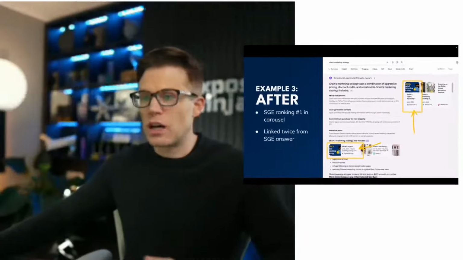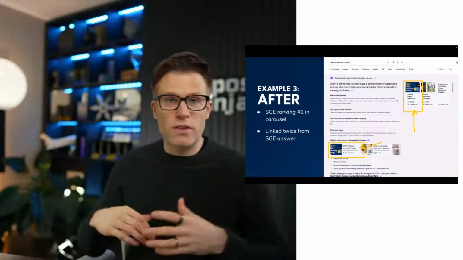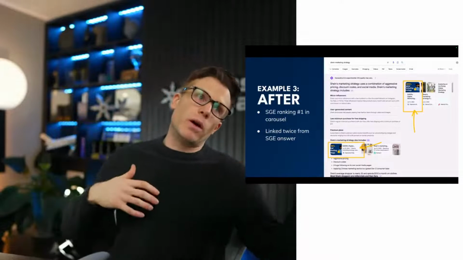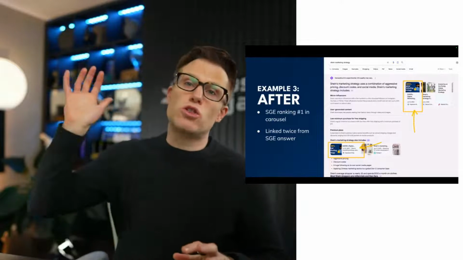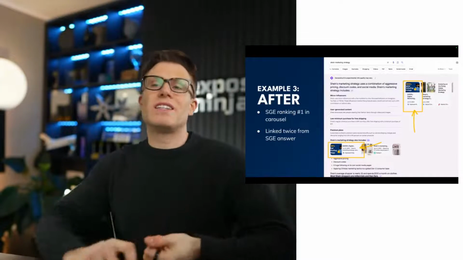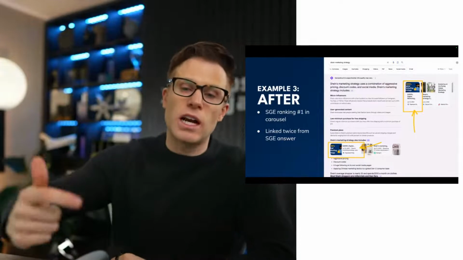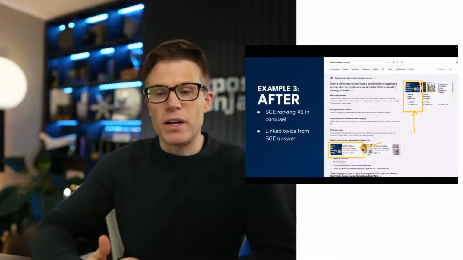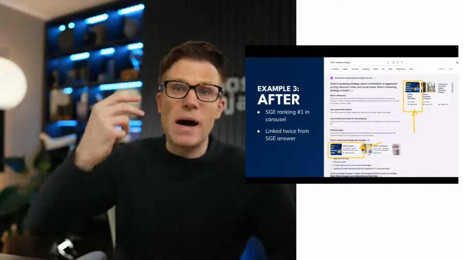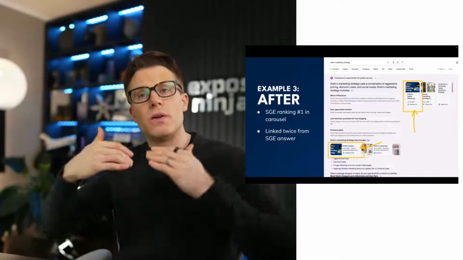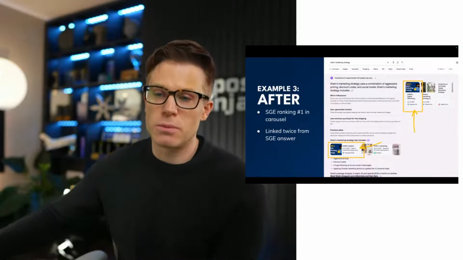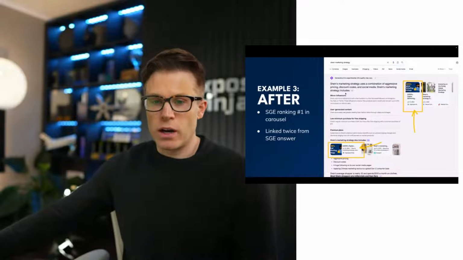Like you'd start off talking about, Shein is a fast fashion brand from China and it's been well known for its fast growth. SG hates all that stuff. Just cut all of that out, get straight to the point. Shein's marketing strategy is based on micro-influencers, user-generated content, low minimum purchase and free shipping, and just massive amounts of media spend. So we just summarize that answer right at the top, and then we go into more detail later on. That seems to be the sort of thing that SG really loves.